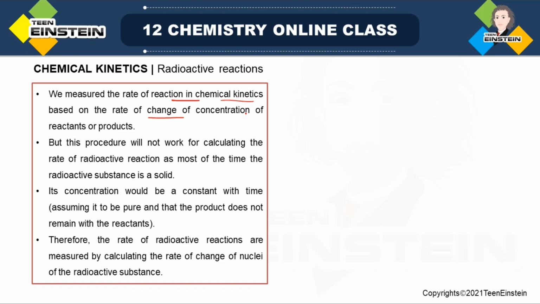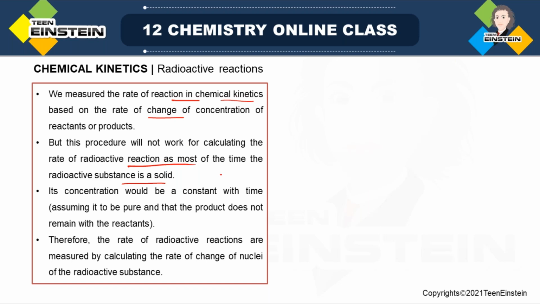It is either by the rate of change of concentration of starting material or the formation of product. But this method is not possible in case of radioactive reactions. So it will not work for calculating the rate of radioactive reactions, because most of the time the radioactive substance is present in solid state when the reaction is going on.